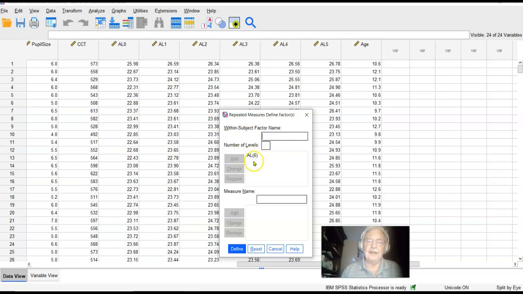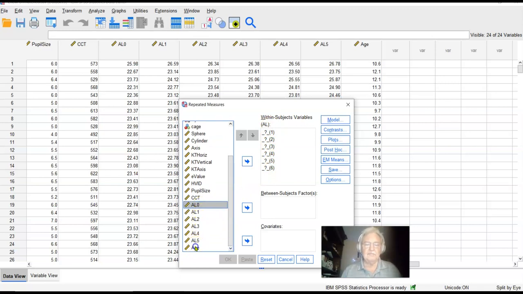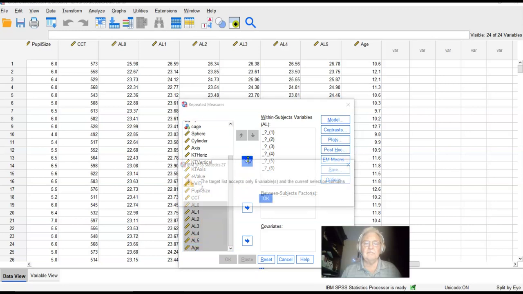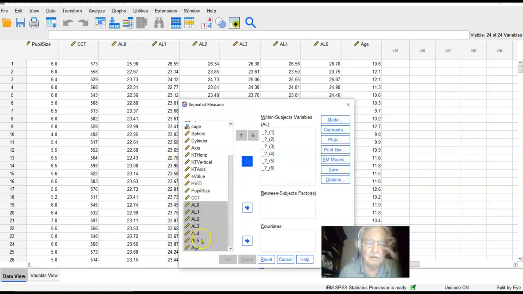So we have this new factor, it's AL, and it has 6 levels. Now we're going to go define it. It's given us a space for 6. We're going to fill it with 6. Let's not include age.